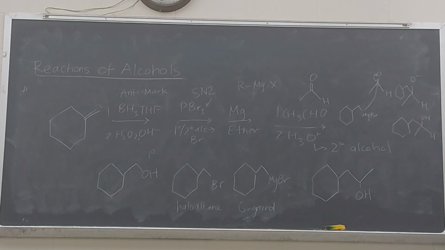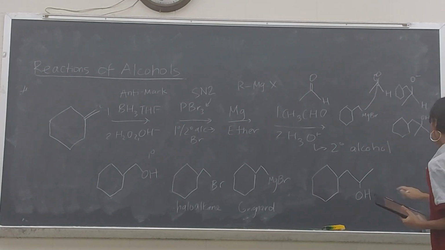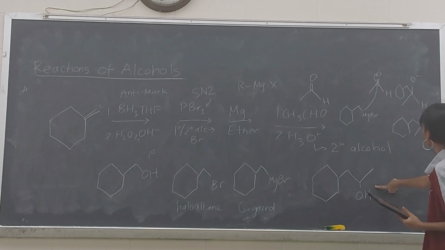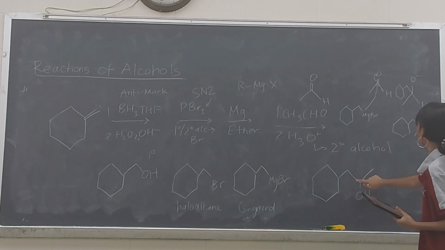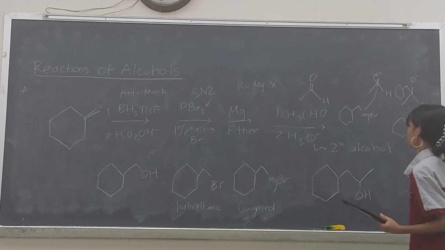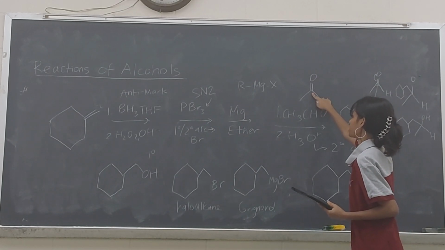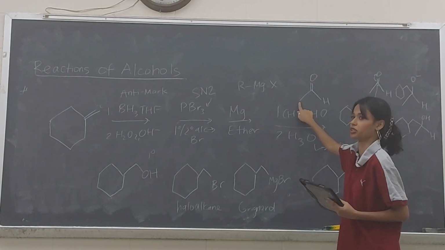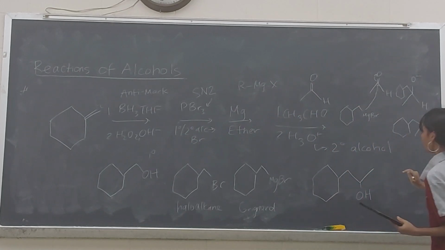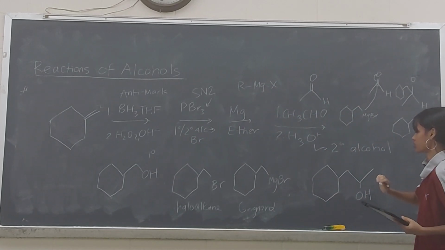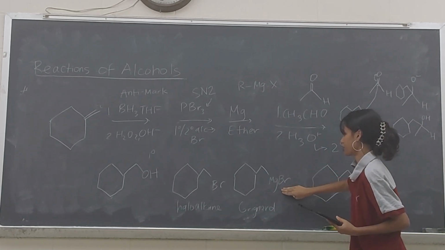How do we add an extra carbon? So this has one carbon here, and then the CH3 has a carbon, right? So this is the Grignard, right?